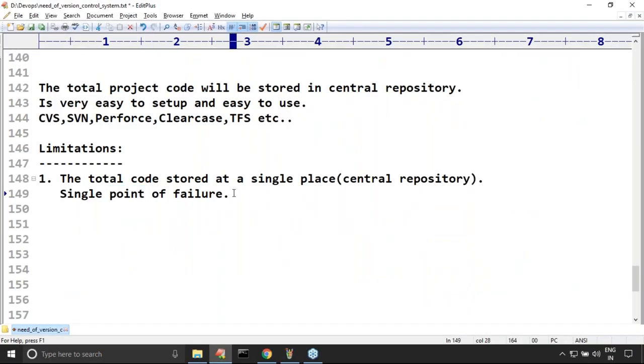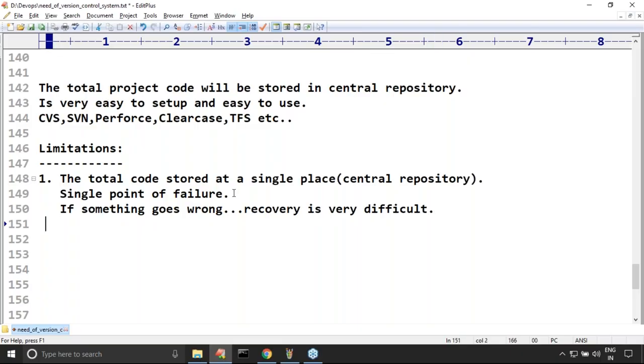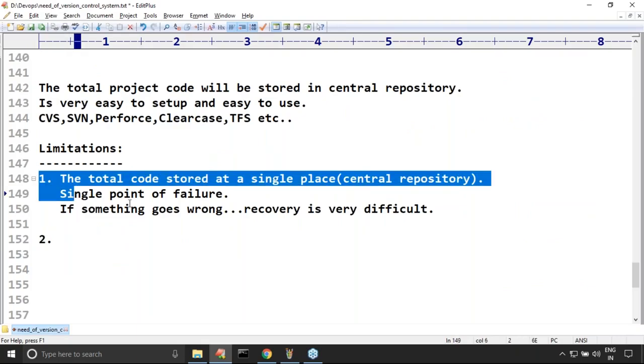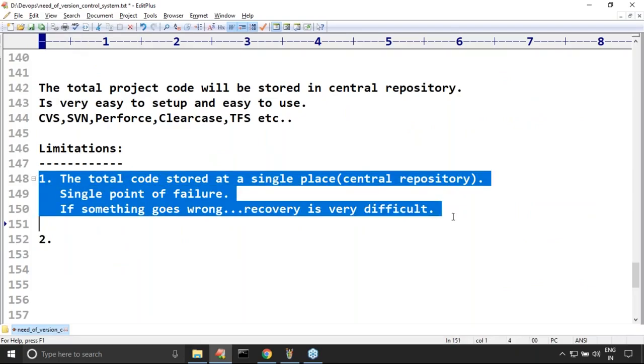If something goes wrong, recovery is very difficult. Is it clear for all of you? Because all the things are available in the same place, if something goes wrong, recovery is very difficult. This is the first problem with this model.